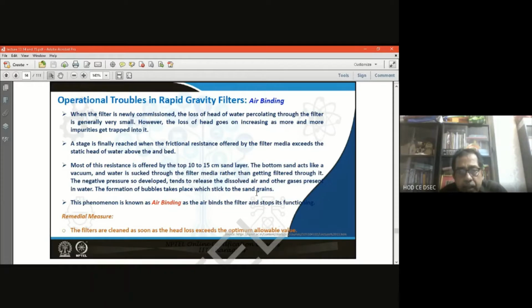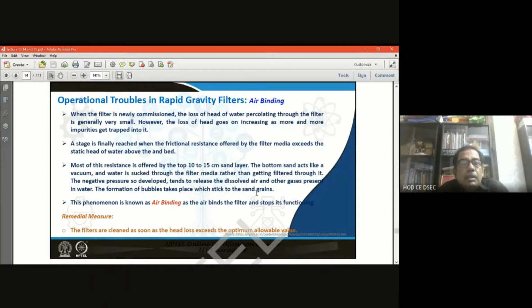This is the natural phenomenon of the filter. As the process goes on, the filter media attracts the impurities, which are trapped in the pores of the media, and the loss of head increases.